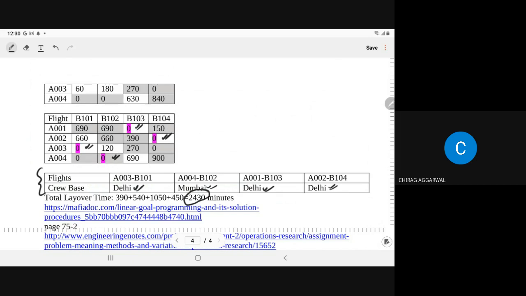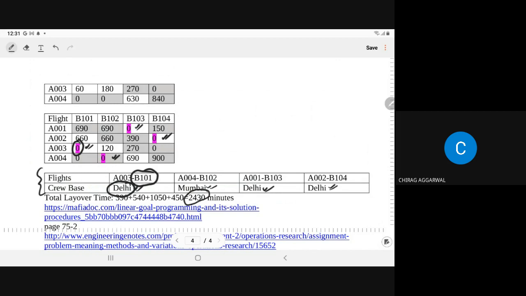So what are we assigning over here? Just for example, A003 is coming by B101. The crew member who starts his journey from Delhi comes to Delhi by the flight number B101.